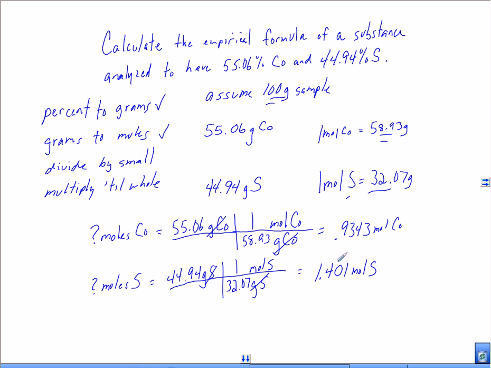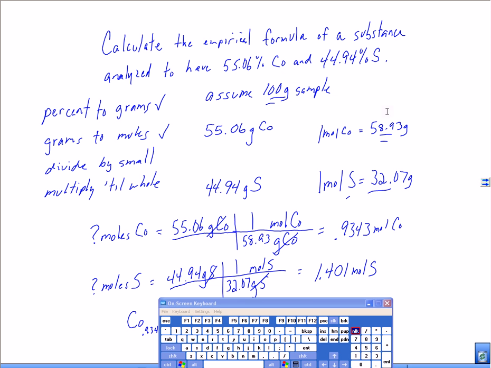The reason we're doing this is because these are the subscripts for the formula, but I can't write Co 0.9343 and S 1.401. We don't write formulas with decimal numbers, so we need to figure out what the whole number ratio is.